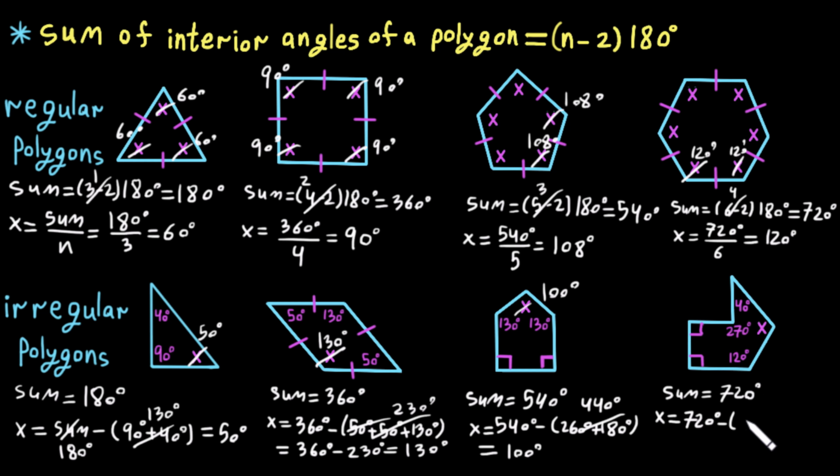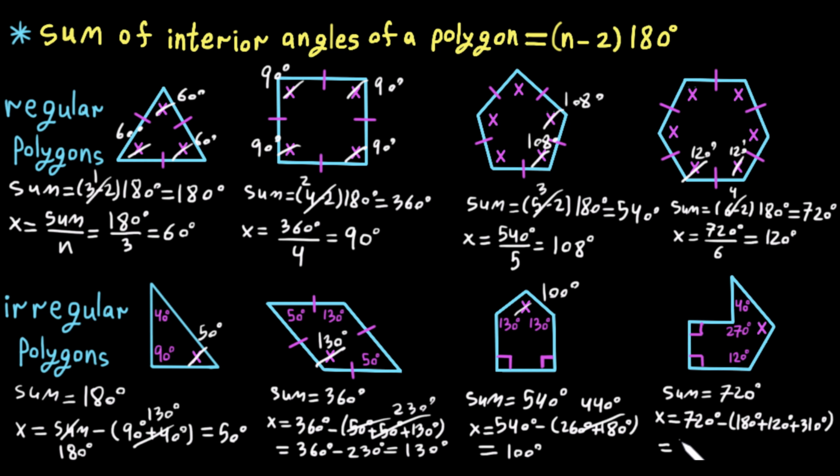Let's add this with this, which is 180 degrees. Because we don't have space, I can't write them all, but it's very easy. 90 plus 90 is equal to 180 degrees, plus 120 degrees, plus, to make it shorter, I will add 270 plus 40, which is 310 degrees.